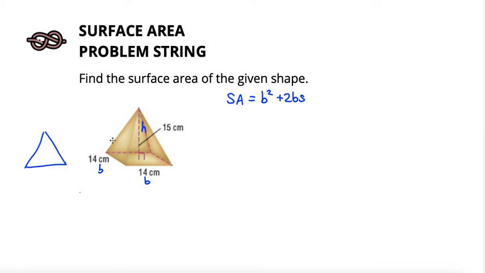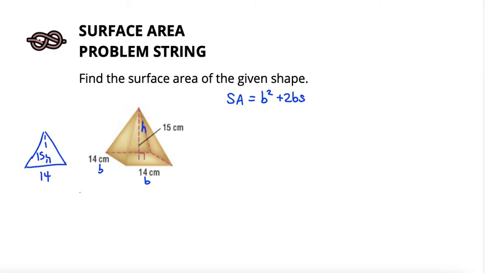And that would be if we sort of slice this. So if we slice it and we look at what the middle of this inside would look like, we would have a vertical height of 15, and we have a base of 14.